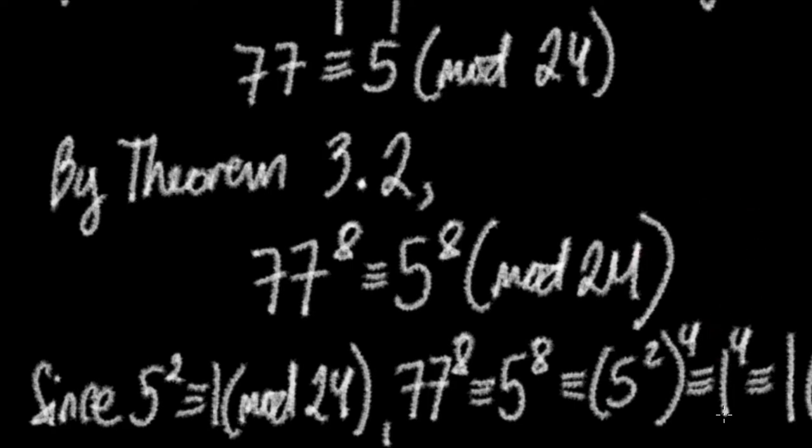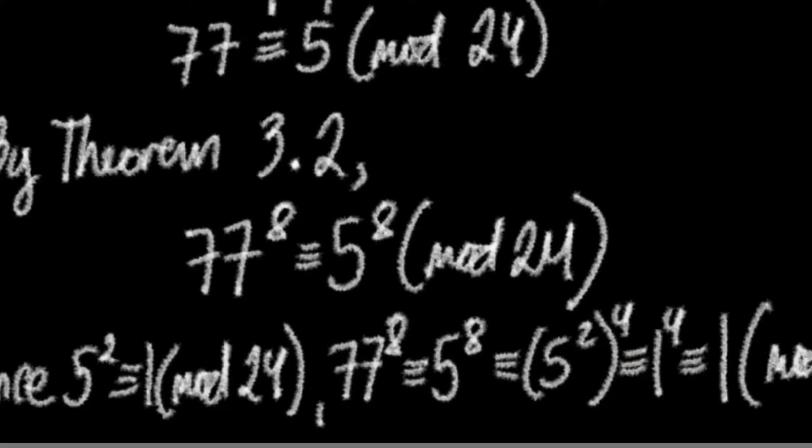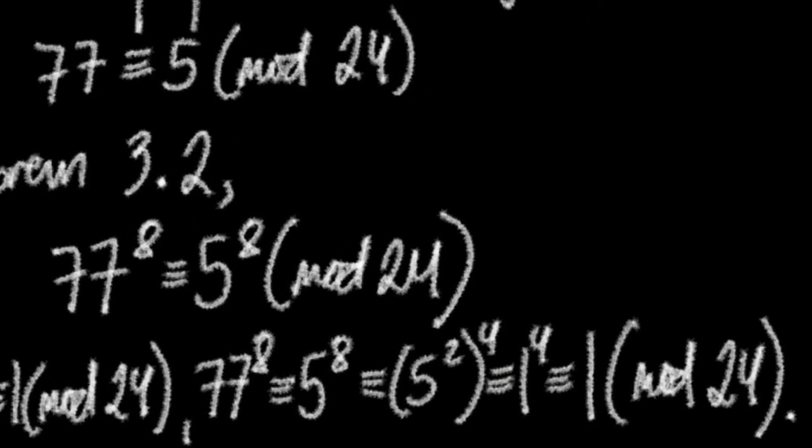Since 5 squared is congruent to 1 mod 24, 1 raised to 4 is just equal to 1. Therefore, 77 raised to 8 is congruent to 1 mod 24, as we expected by using Euler's theorem. Actually, we are not only restricted to 77.